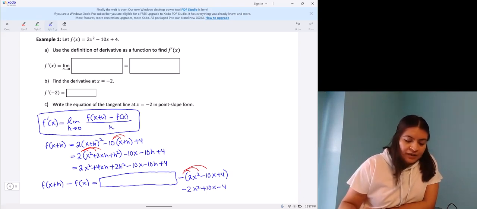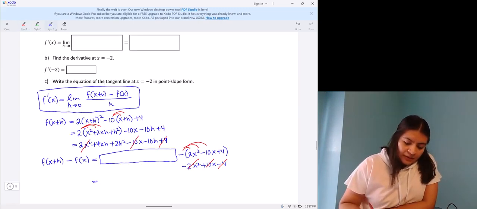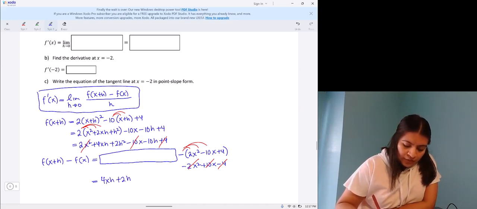And we need to combine like terms. So let's see what happens. This cancels with that. This cancels with this. And this cancels with that. I'm just being lazy. I don't want to write that whole thing again. That's why I just pretend I put it here in the box. And so we have 4xh plus 2h squared minus 10h.